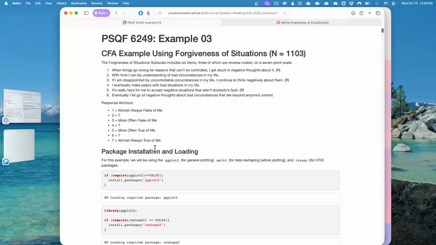If you were a participant in this study, what would you think that would be? I would say 1 is almost always false, and 3 is more often false. Would 4 be maybe equally false and true? You see the problem with it, right?